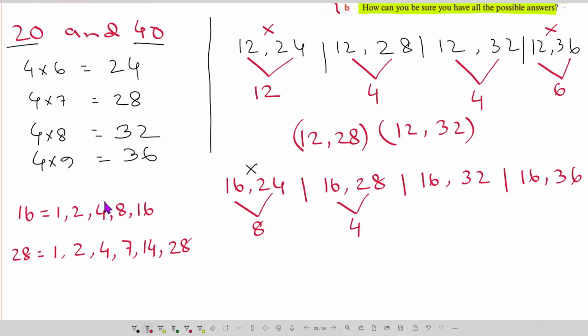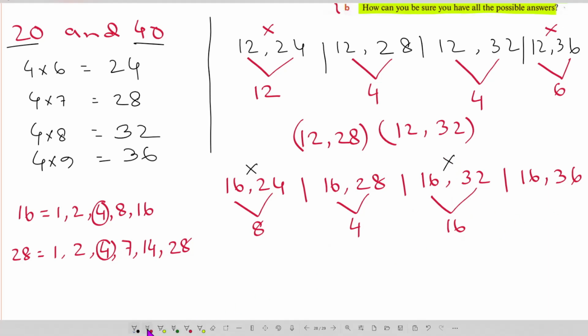Now look, here the highest factor is 4, right? Then 16 and 32, the highest common factor is 16, because 16 times 1 is 16 and 16 times 2 is 32, so we cannot take this one.